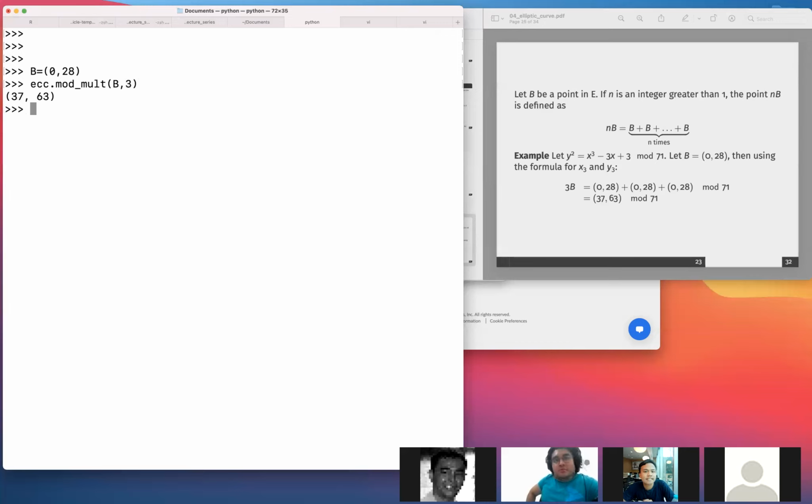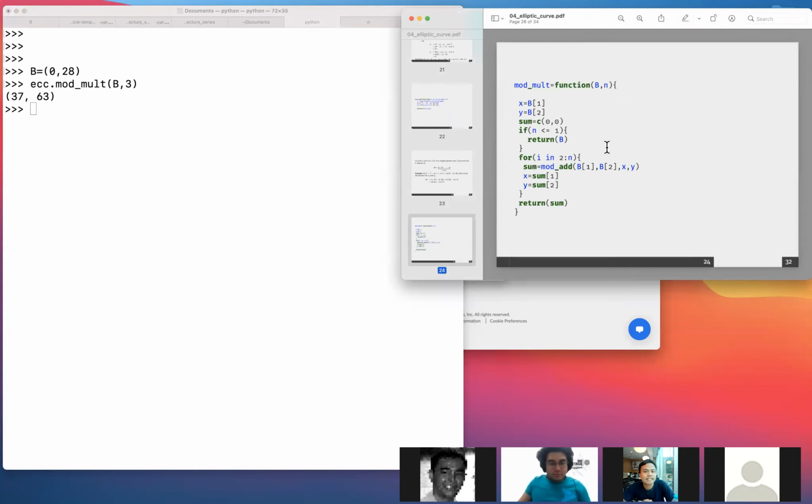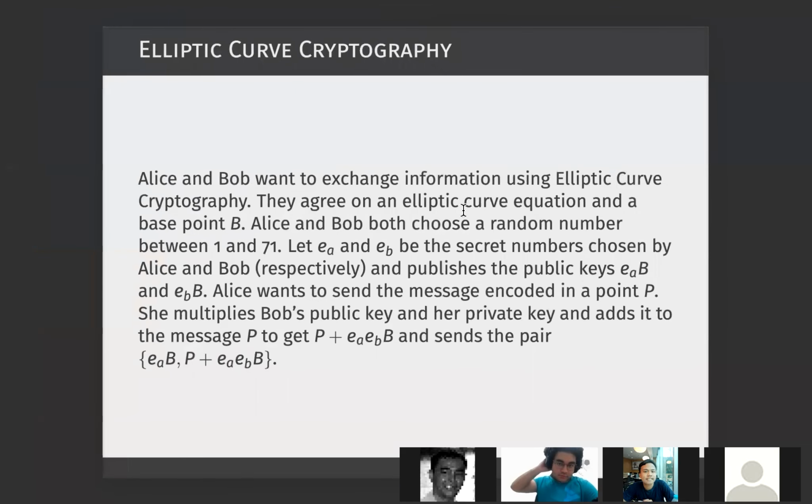That should give us (37, 63). That's the result of multiplying this point by a number n. I think we now have all the ingredients that we need in order to define elliptic curve cryptography.